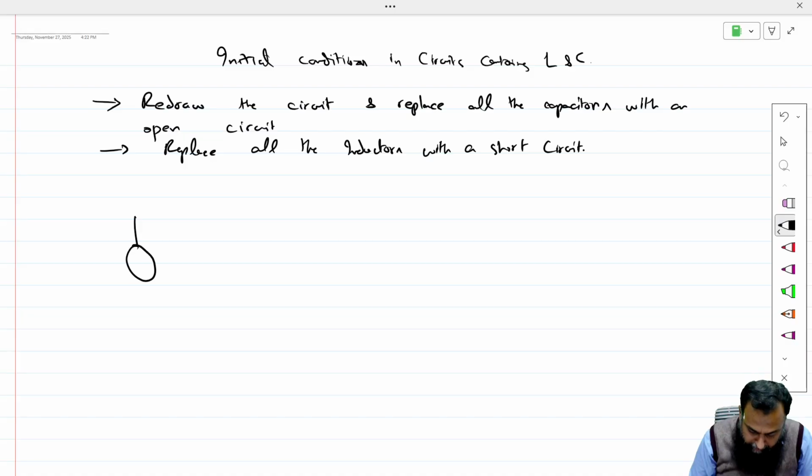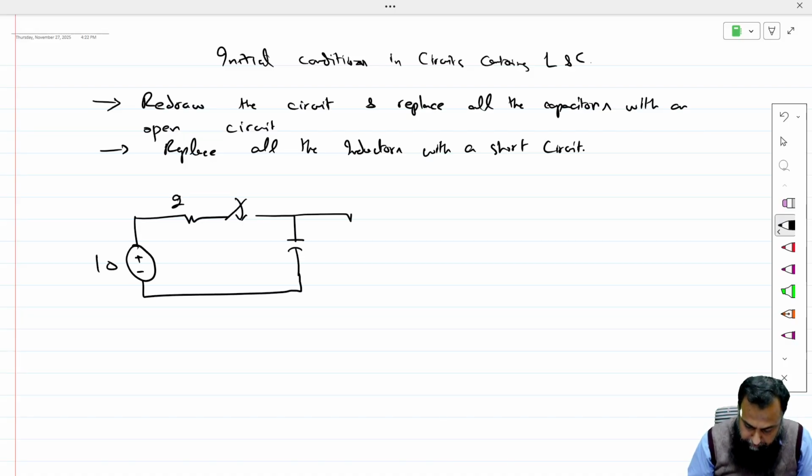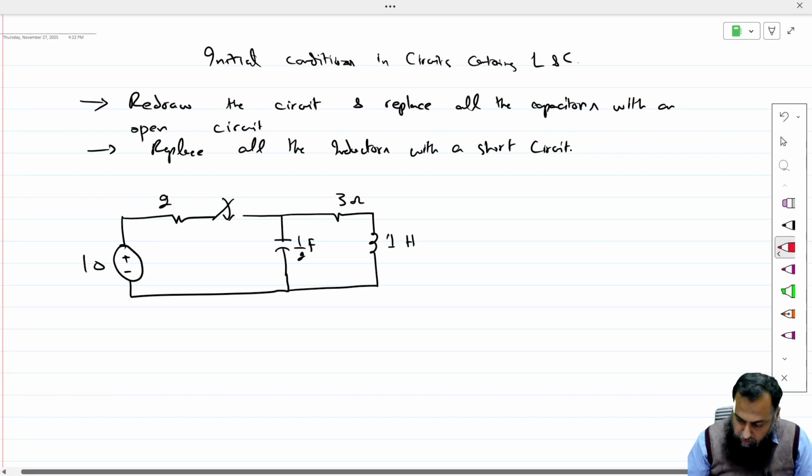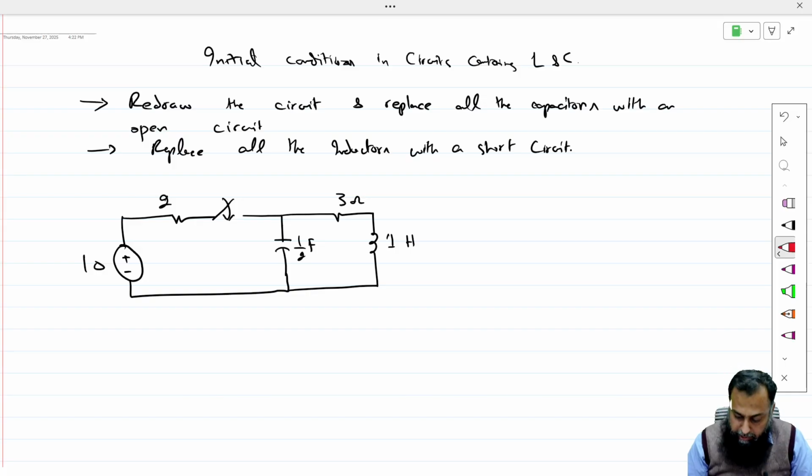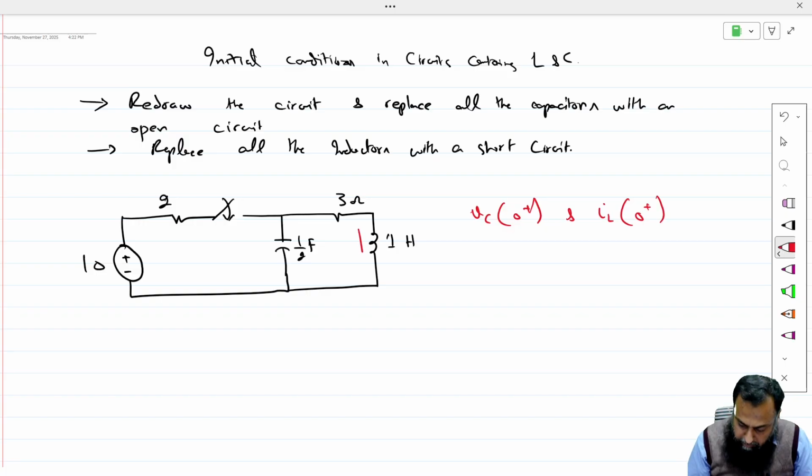We have a circuit here. Let us say for this given circuit, we need to find out Vc0 plus and IL0 plus. This is IL and this is Vc.